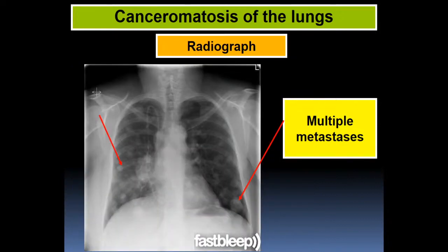Next disease for differentiation, canceromatosis of the lungs. On X-ray in this disease, we can see many focal shadows. These are multiple metastases, but can be like dissemination.